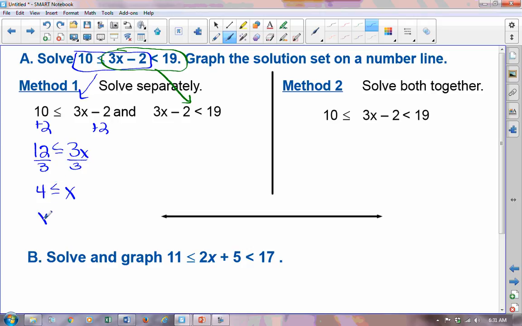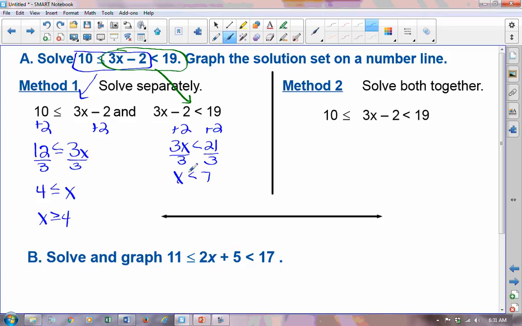So this would be x is greater than or equal to 4. I'm going to solve the second part of that by adding 2. So we have 3x is less than 21. Divide by 3. And we have x is less than 7.